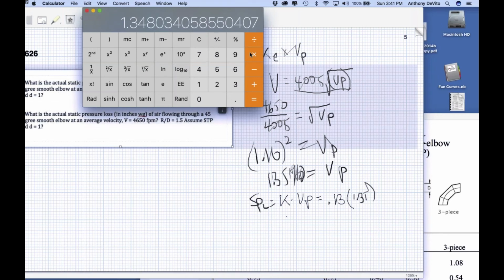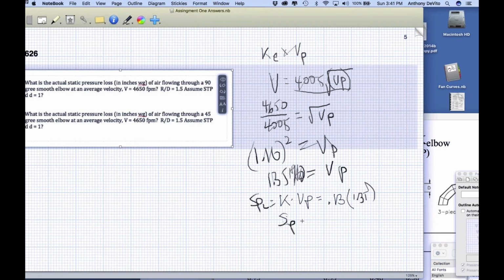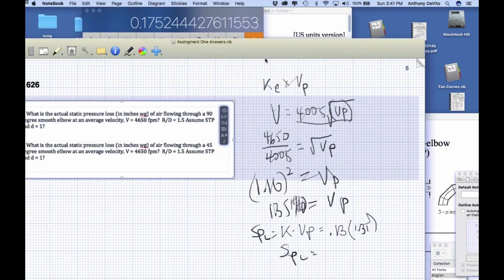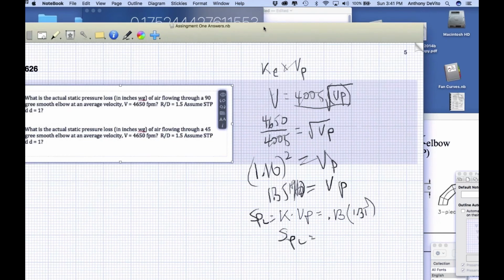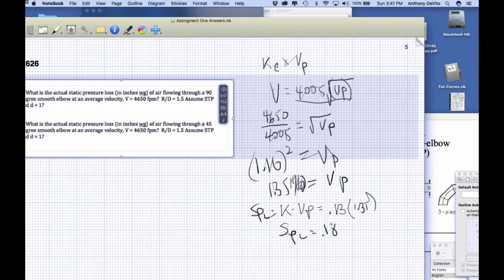So our static pressure loss is about 0.175. I'm going to call it 0.18 inches of H2O. Inches of water. So I think we're okay there.